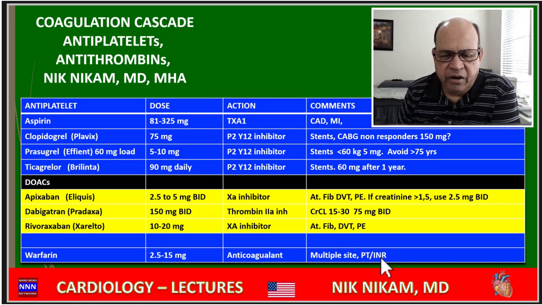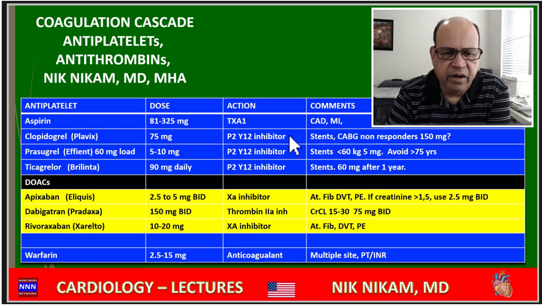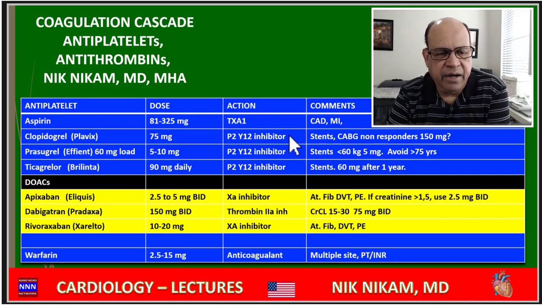Then they not only have to continue with warfarin for atrial fibrillation, they also need to be on aspirin and clopidogrel, in which case we may have to drop the aspirin and just keep them on an antiplatelet agent, namely a P2Y12 inhibitor, along with warfarin.